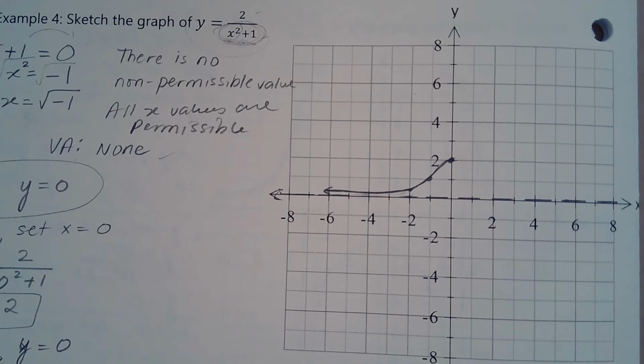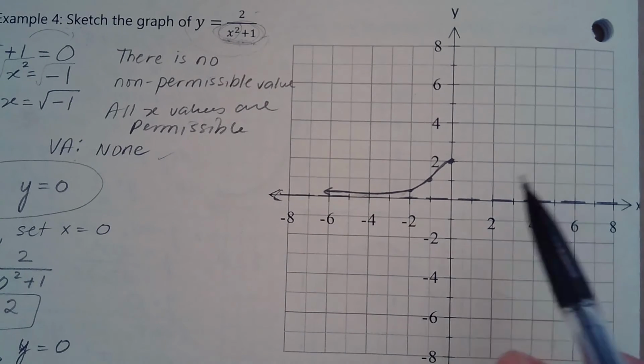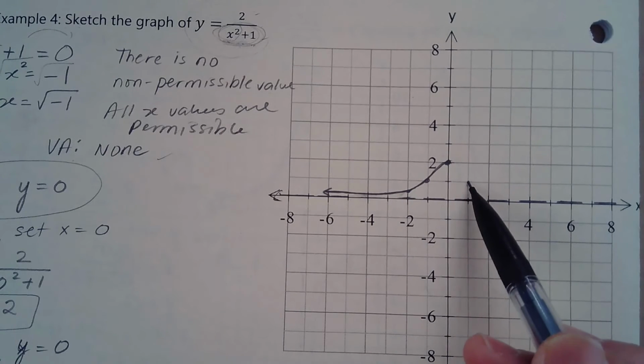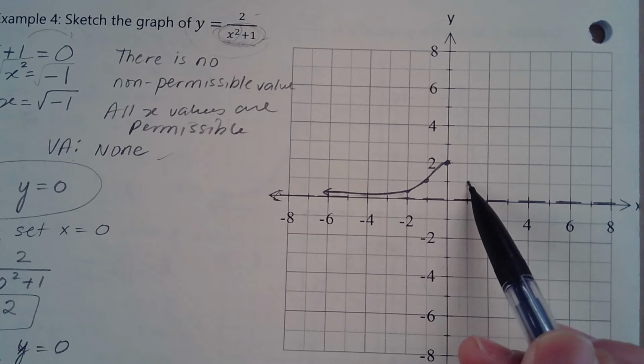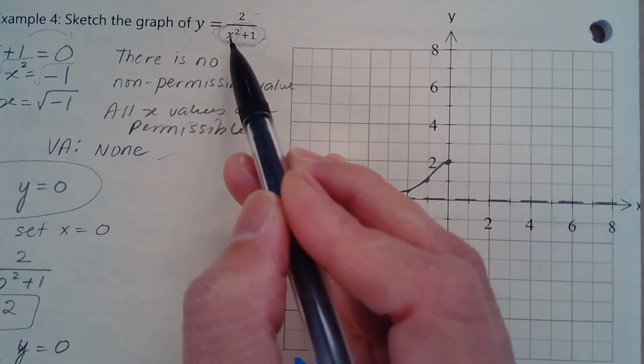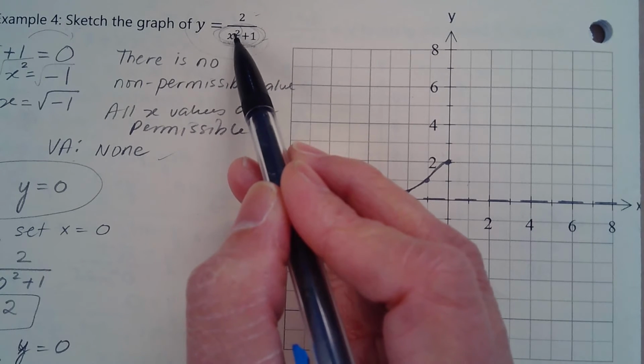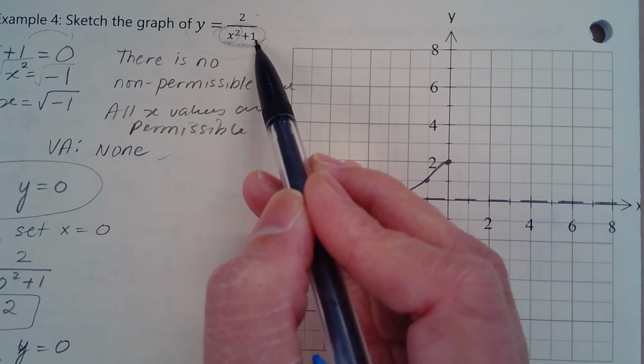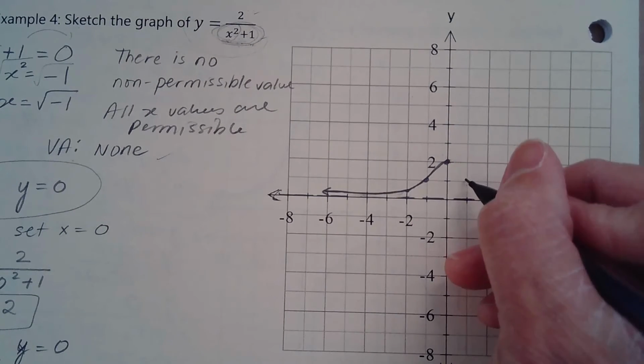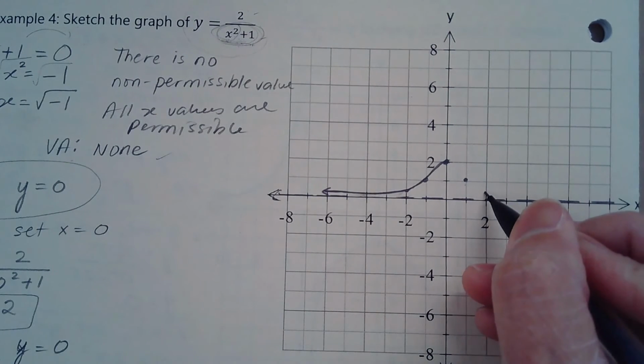Okay. Good. Now what about the other one? If we pick 1, it's exactly the same thing, right? If we pick 1 here, that's going to be 1 squared is 1 plus 1, so that's 2. 2 divided by 2 is 1. And then the same thing on this side.